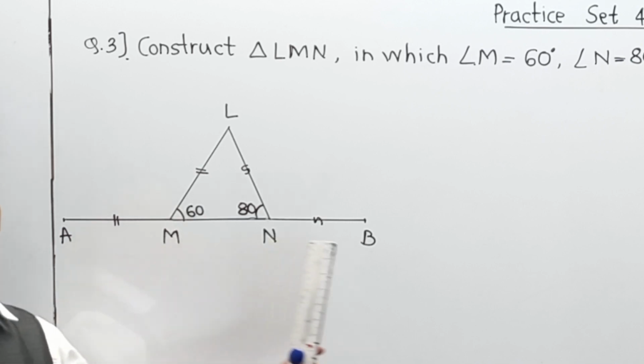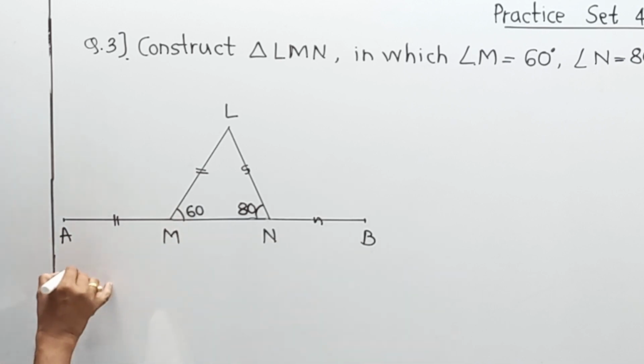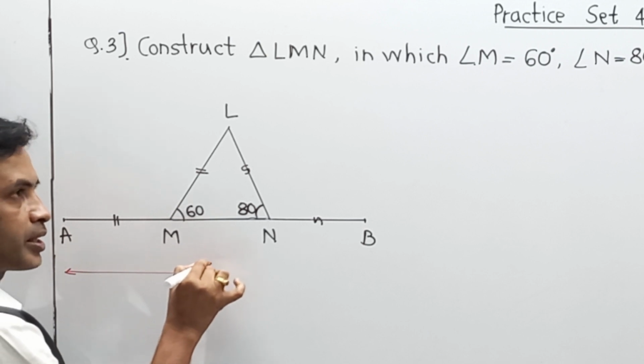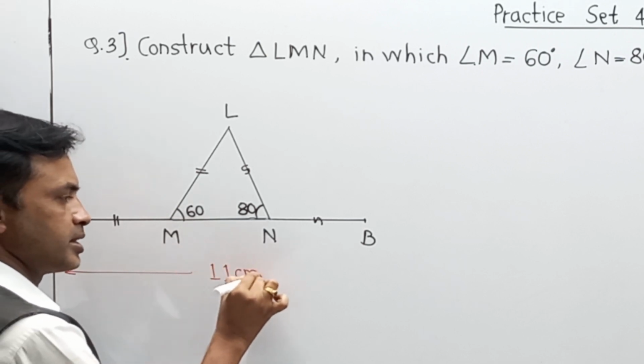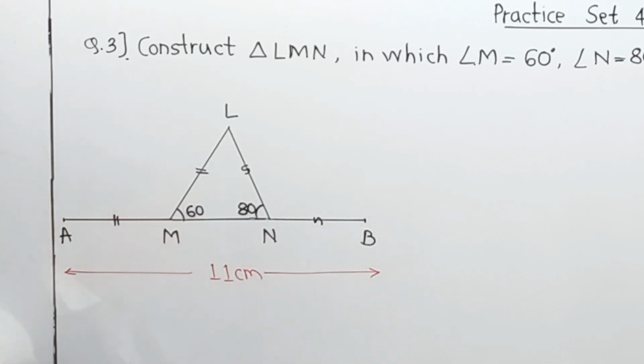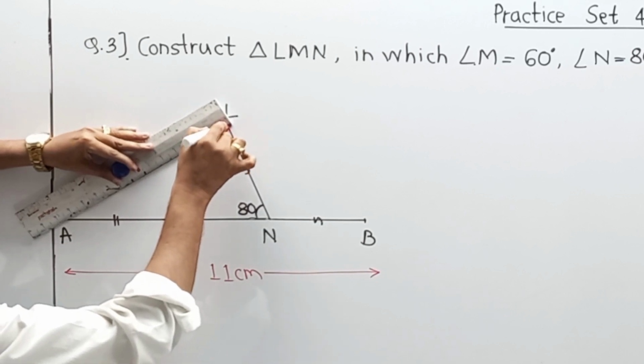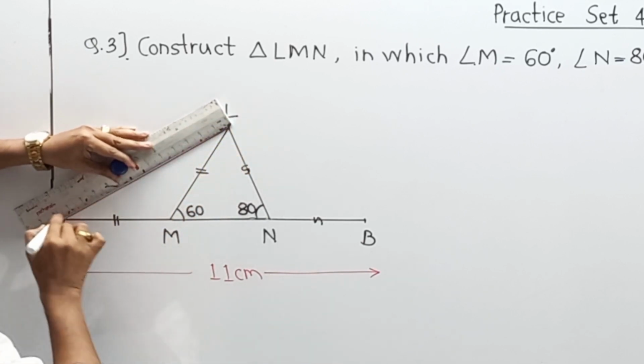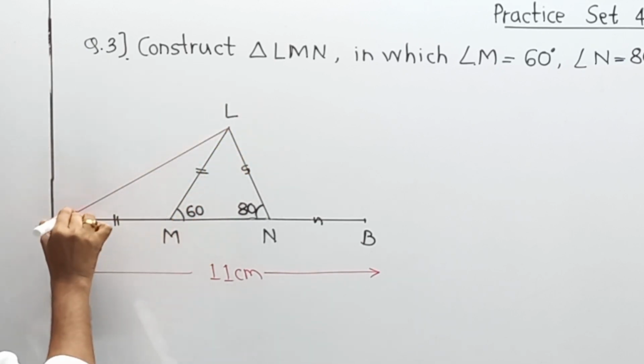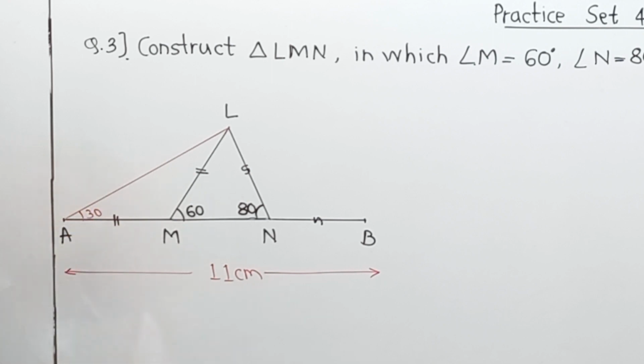Definitely in the first case, we are going to draw a length AB. This length AB of 11 centimeters is our first target for the base. After drawing 11 centimeters, we know that this angle M is 60, so automatically due to the isosceles triangle property, it will become half, 30 degrees.